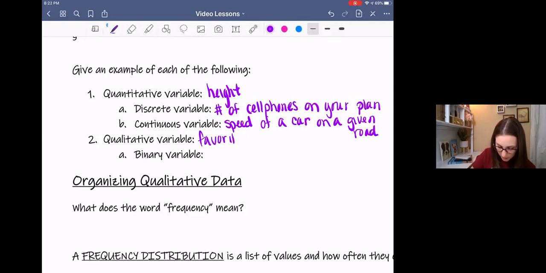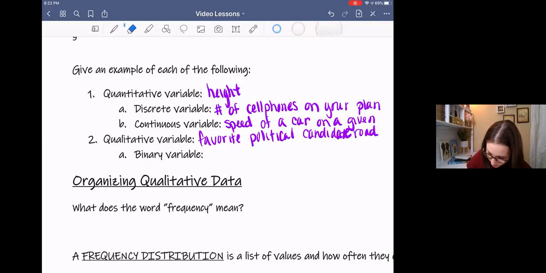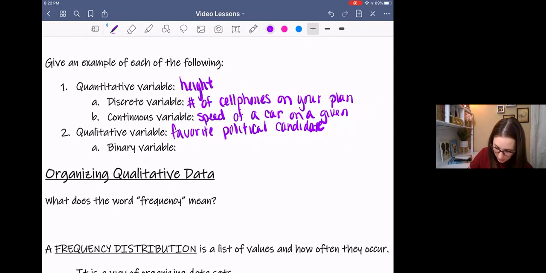Favorite political candidate. That's one, because that's not a number, that's a person. Oops, that looks funny. It's not "candidate road." I'll fix that. There we go. And then an example of a binary variable would be a yes, no.